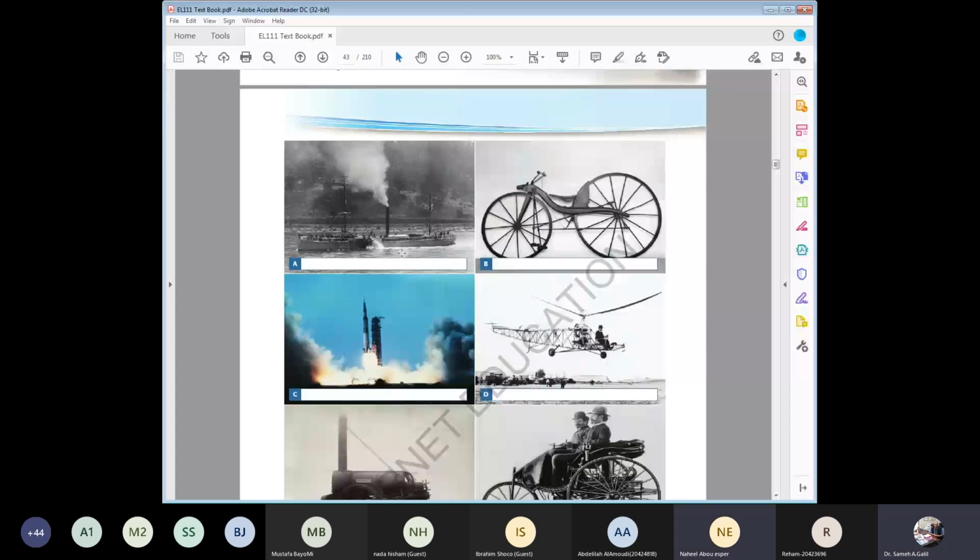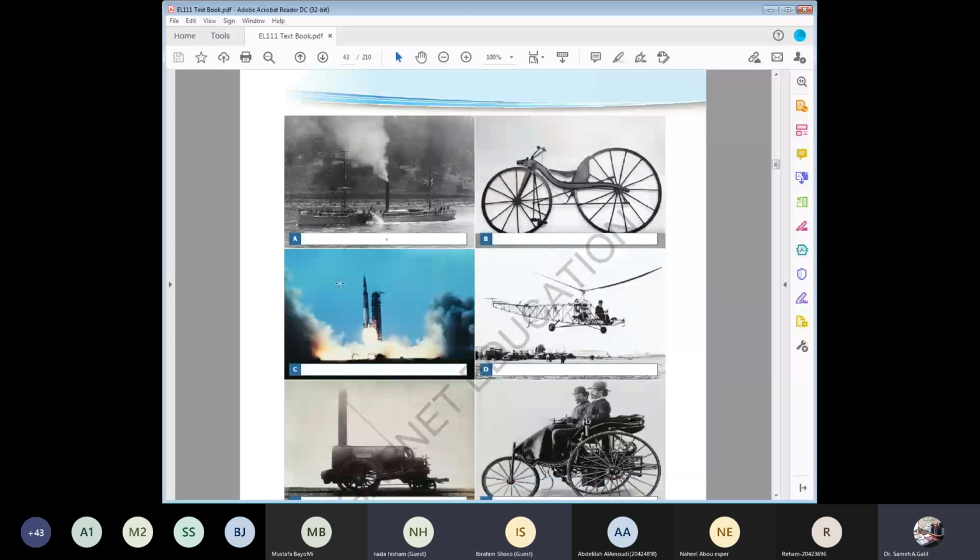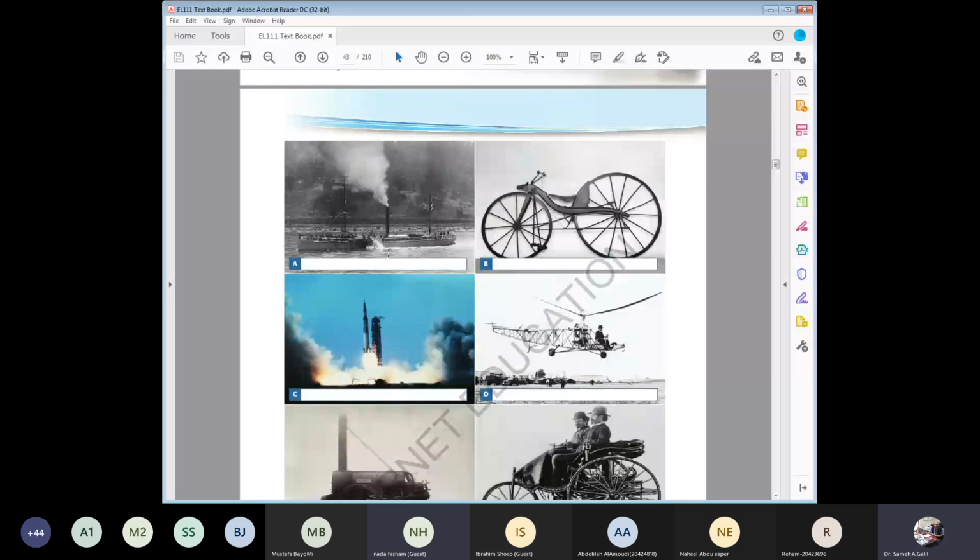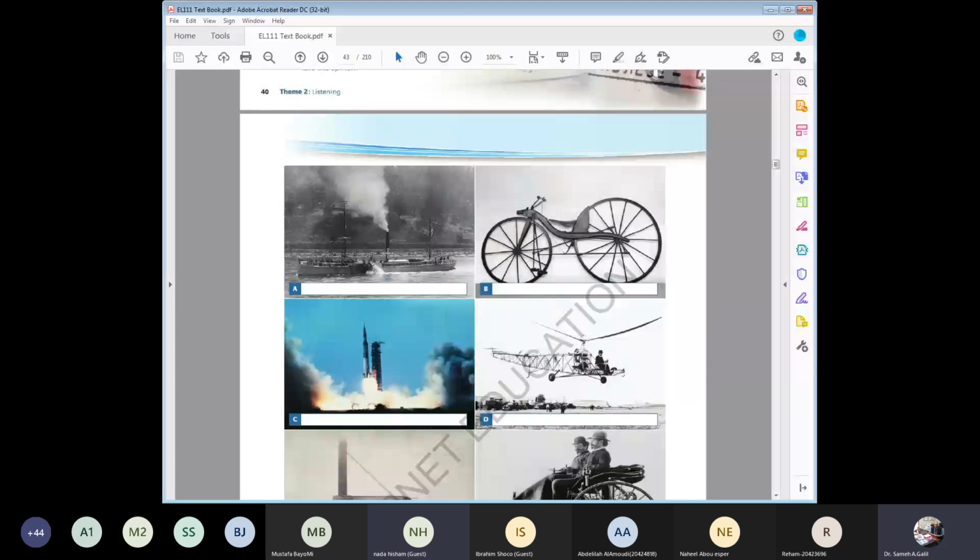We need to use the word slow. No, I need the opposite. The fastest, you mean? Yeah. Oh, okay. Go ahead. The rocket is the fastest transportation invention, or form of transport. Okay. So the rocket is the fastest of all the forms of transport.